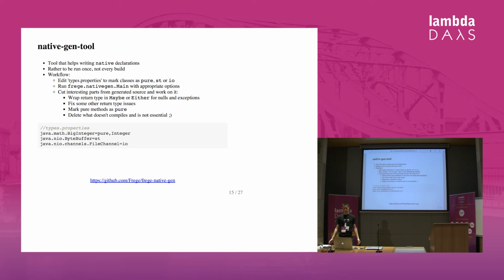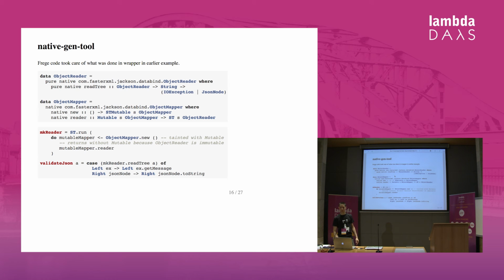And then it happens you have to wrap some return types in Maybe or Either if functions return null or throw, fix some other return type issues that happen, and mark pure functions as pure. If then something does not compile and is not essential for you, you usually delete it.